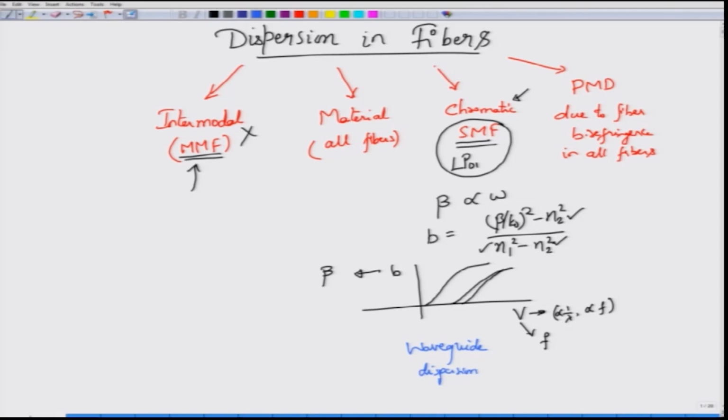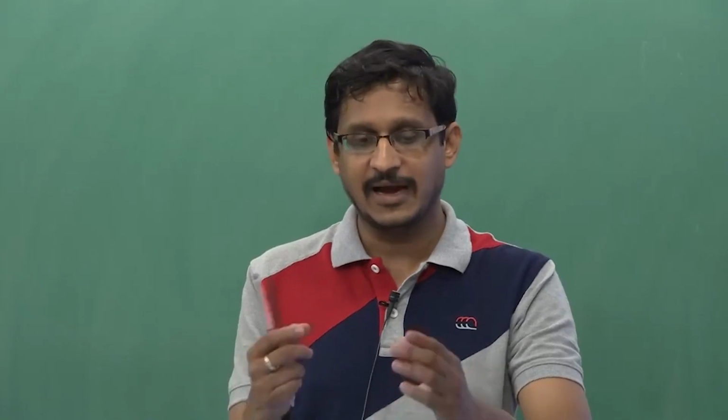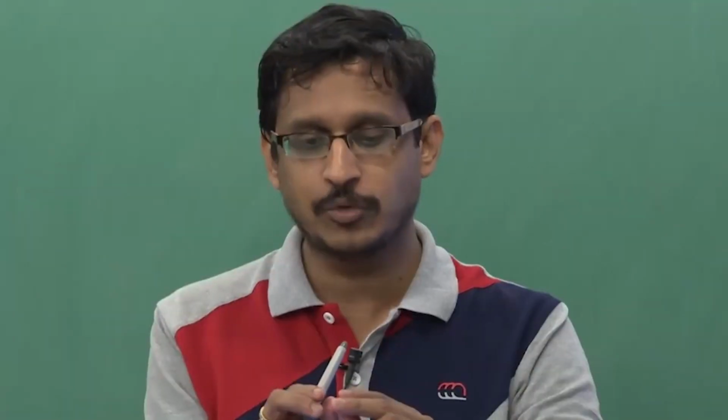Now, in addition to this waveguide dispersion, in every fiber that you consider, there is an extra dispersion called material dispersion. Material dispersion results because the refractive index becomes a function of lambda, or equivalently the refractive index becomes a function of omega, frequency. Because we fill an optical fiber with silica material, and along with silica we fill some dopants in order to change the refractive index of the core as well as the cladding, and these different particles respond differently to the electric fields that are applied.